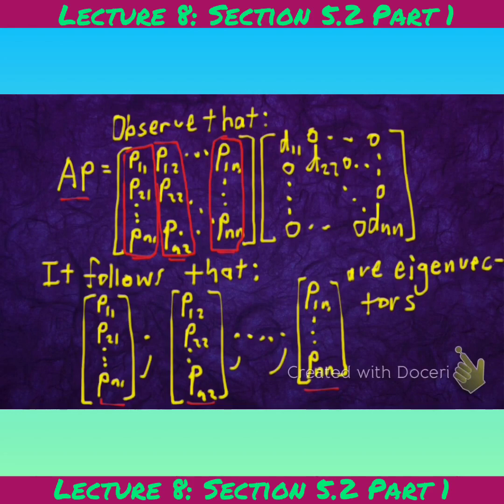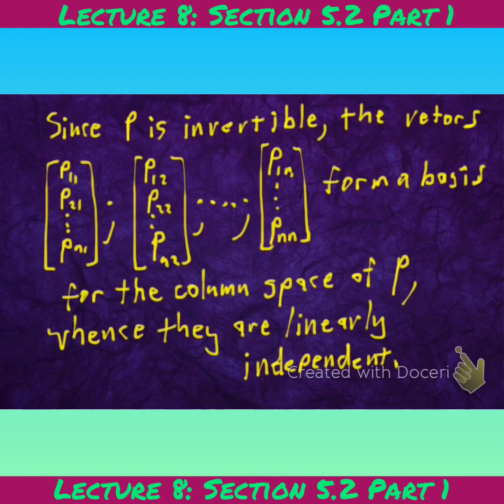And because there are n leading ones, it means all n of those vectors are going to be a basis, and therefore they have to be linearly independent. Again, since P is invertible, these vectors form a basis for the column space of P, so they are linearly independent. Okay, so we've got n linearly independent vectors.